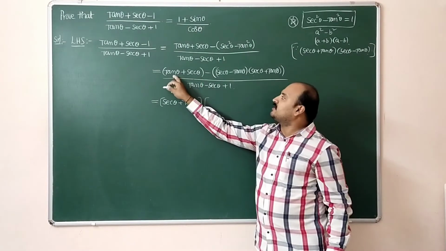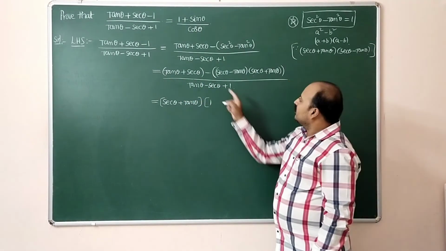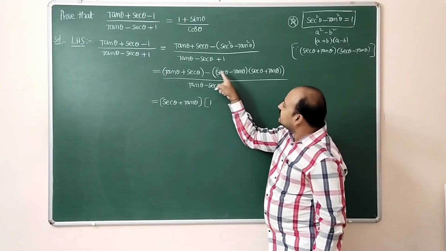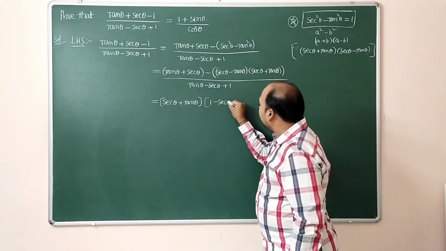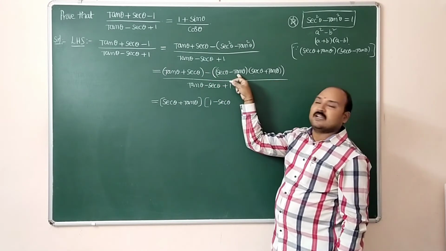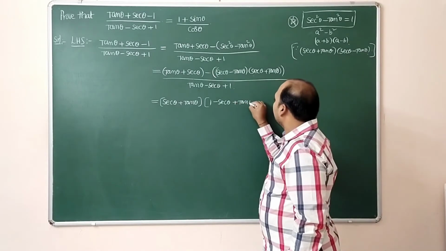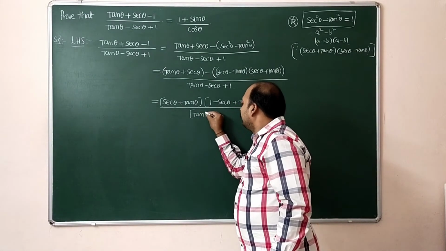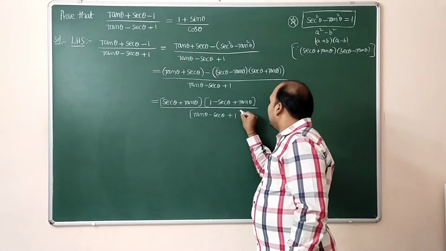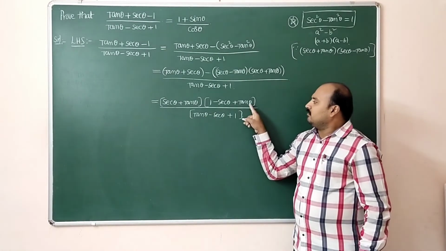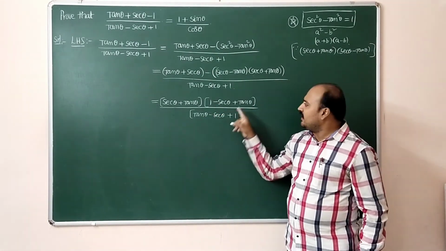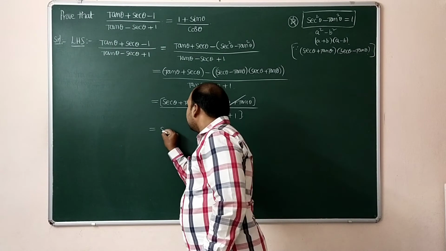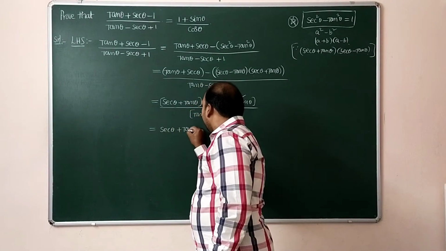Here 1 will be there, no? Secant theta plus tan theta, after taking common here, minus of secant theta minus tan theta. Observe carefully here: minus secant theta, minus into minus plus, plus tan theta, divided by the denominator itself, tan theta minus secant theta plus 1. Exactly it is there in the denominator also. So both are same, we can cancel it. So which is equal to secant theta plus tan theta.